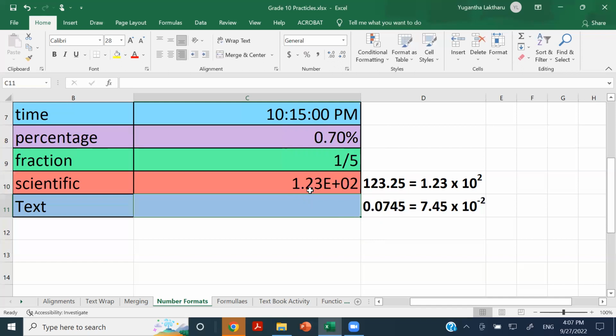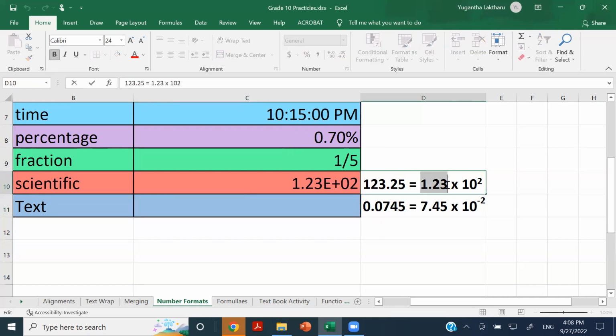It says 1.23 E plus 02. That means 1.23 indicates this 1.23, E indicates multiplied by 10, and plus 02 indicates the positive exponentiation. All right, so when it is positive, it goes like this.